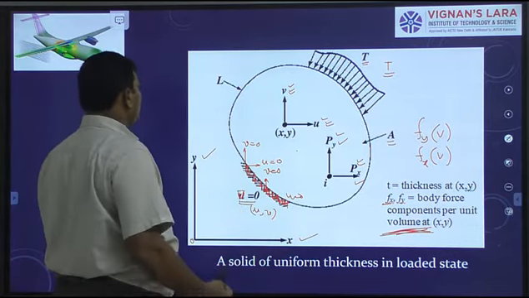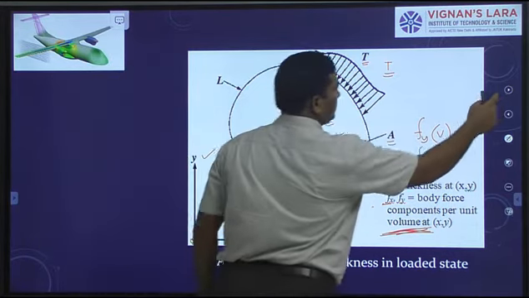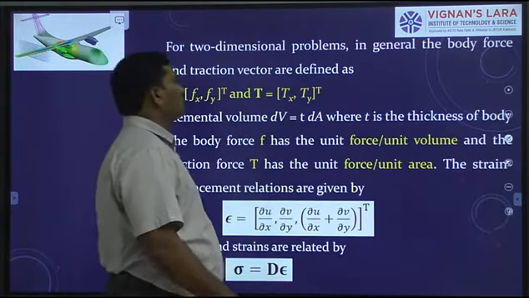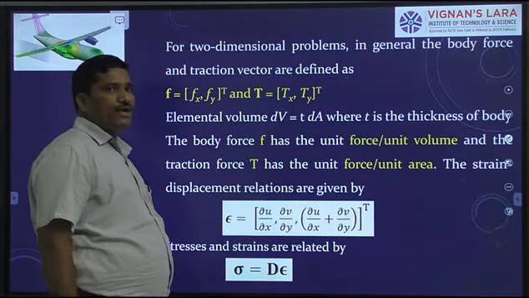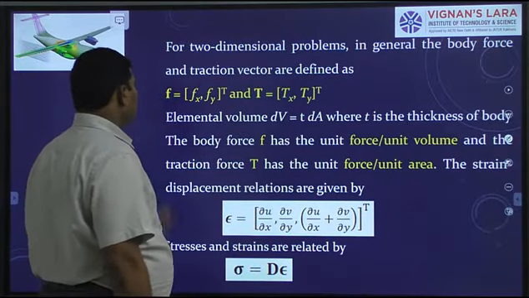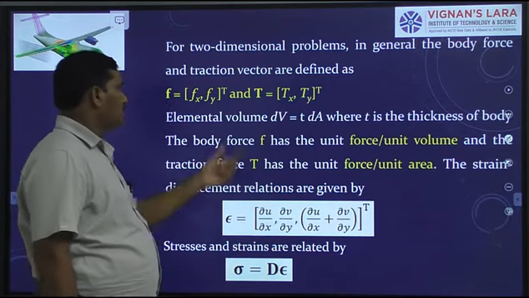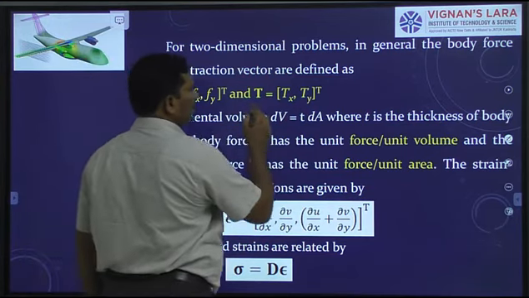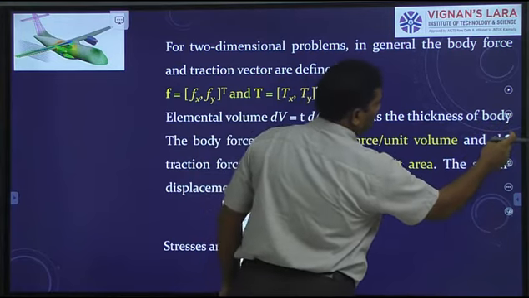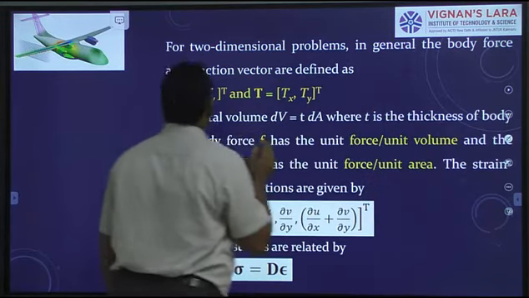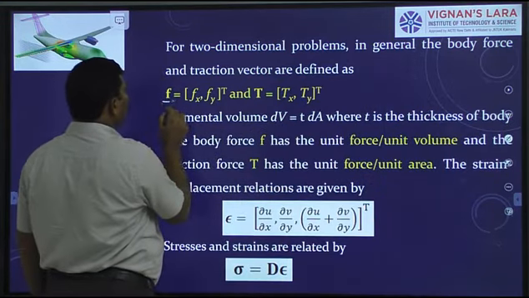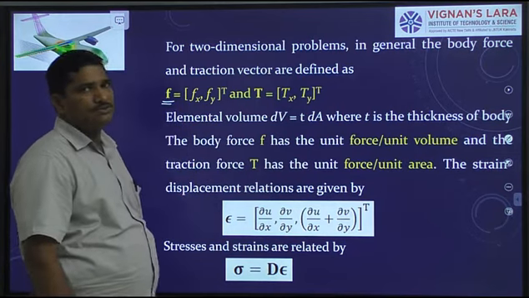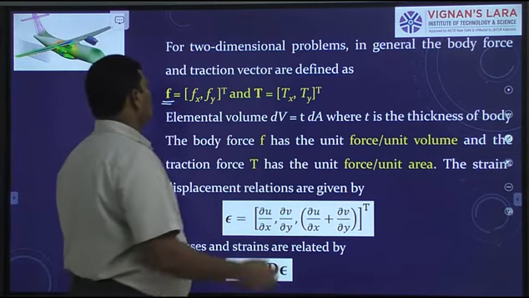Now we define the body force and traction vectors. F is the body force vector. It has two components, Fx and Fy.